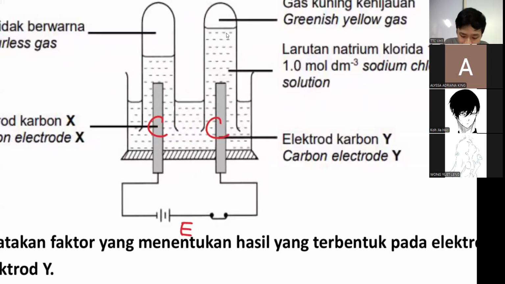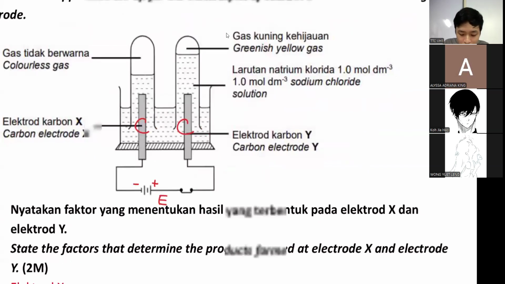And always mention the long side of the battery is the positive terminal, the shorter side is negative. And as I mentioned just now, anode is positive, cathode is negative for electrolytic cell. Voltaic cell is reversed: anode negative, cathode positive.